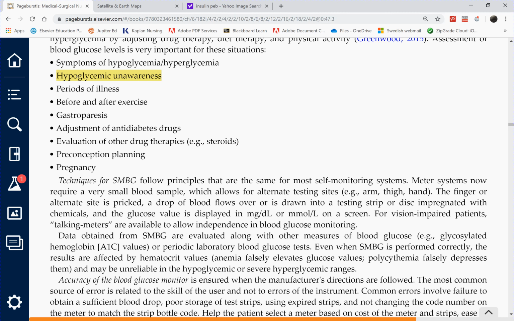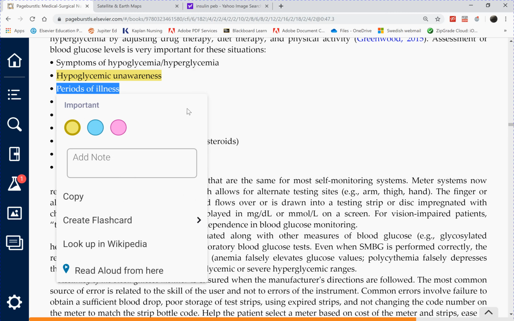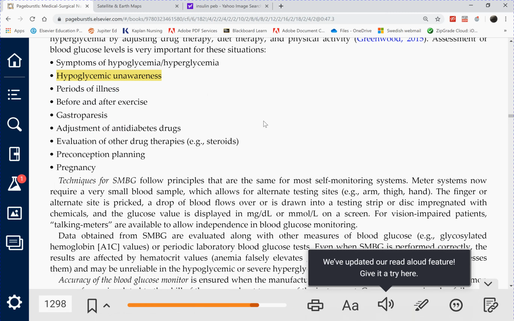We will teach the patient what to do during periods of illness. Contrary to most lay people, who think that their insulin needs will decrease during illness because they're not eating well, our appetite isn't as good and we have poor intake when we are sick. Remember that when you're sick, when you're under stress, your cortisol levels do rise.